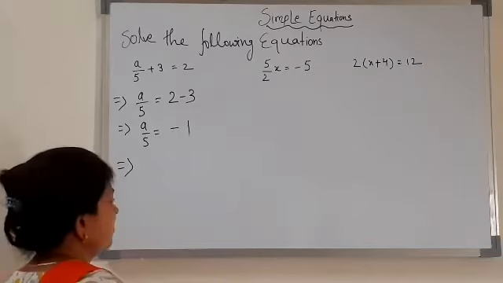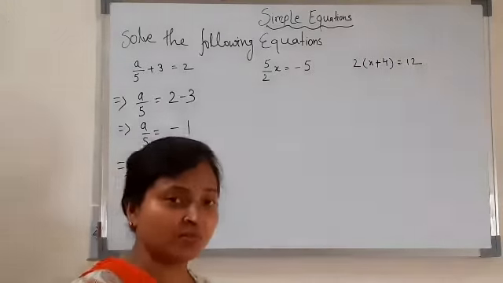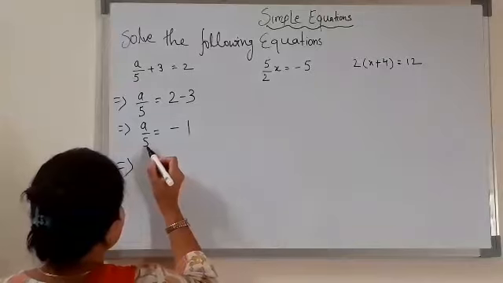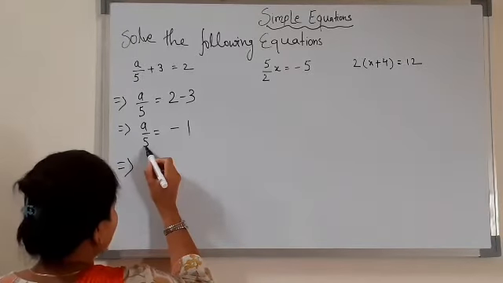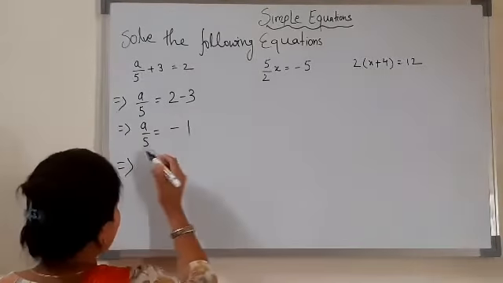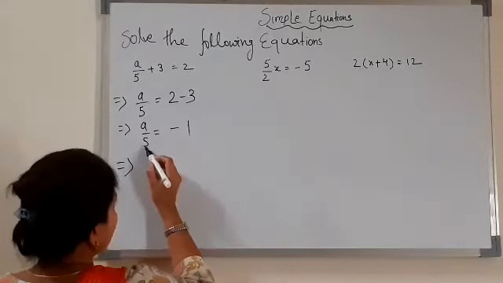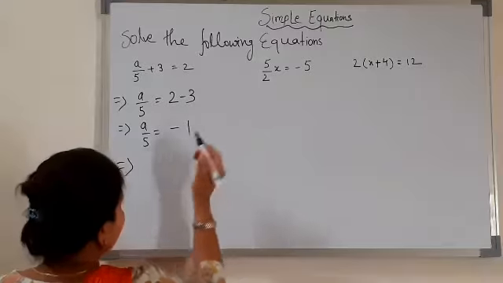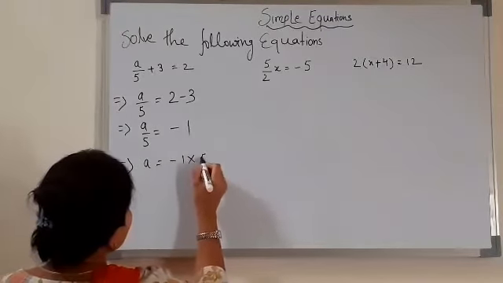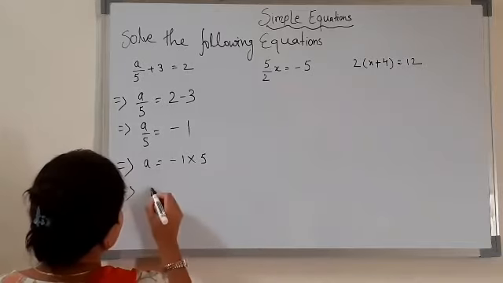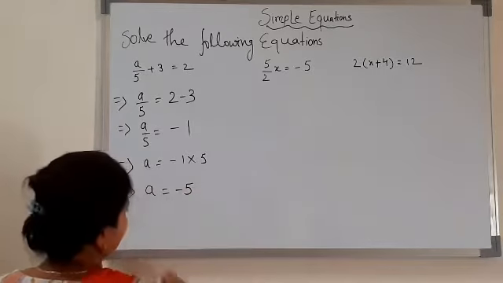Now again the variable has still not separated. We have to change 5 from the left hand side to the right hand side, and it is in division form. So it will go to the right hand side in multiplication form. So minus 1 into 5. So a is equal to minus 5.